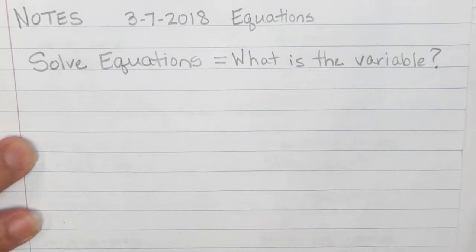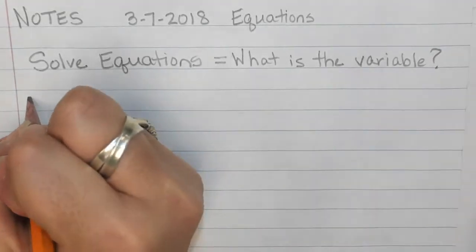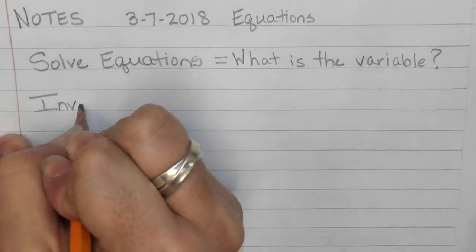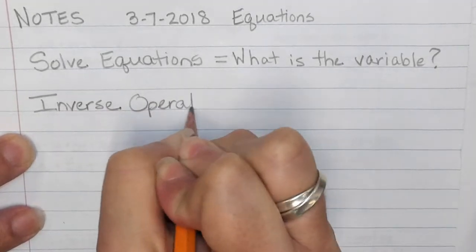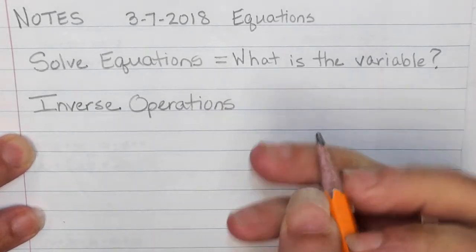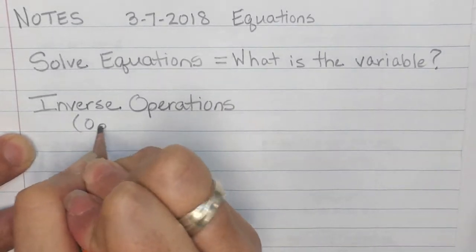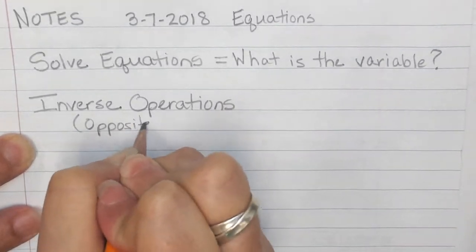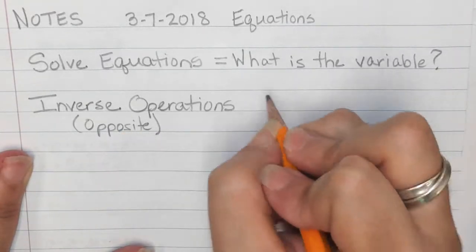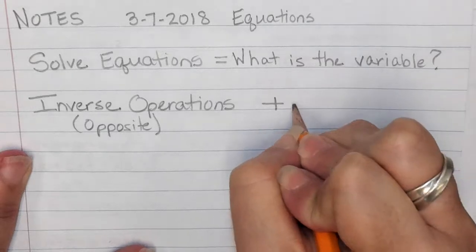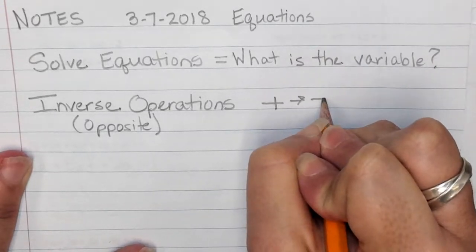Now, to solve an equation, the first thing you need to know is what's called the inverse operations. Inverse operations just mean opposite. Like, what is the opposite? So, if you are looking at plus problems, the opposite is minus.